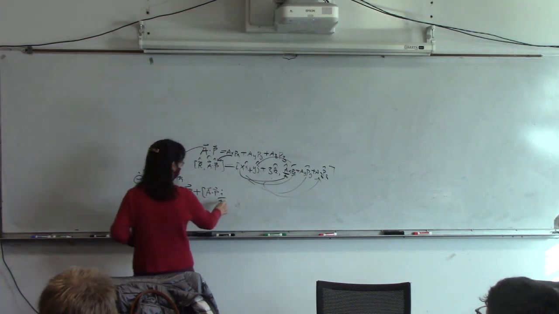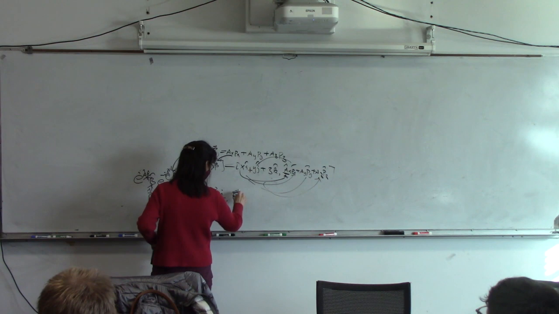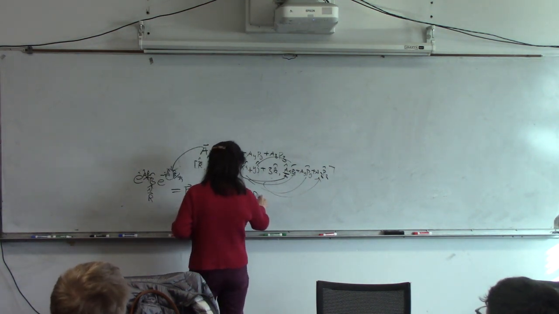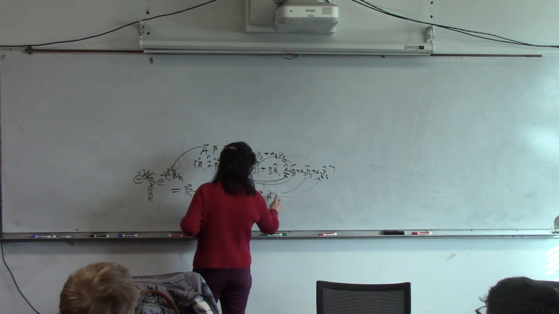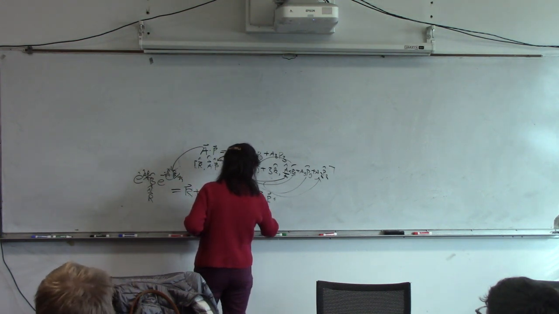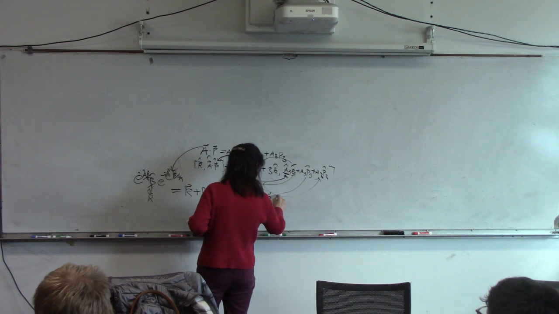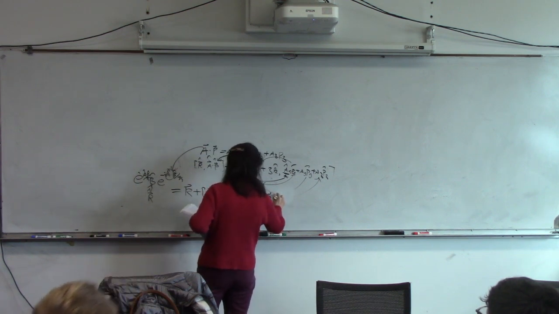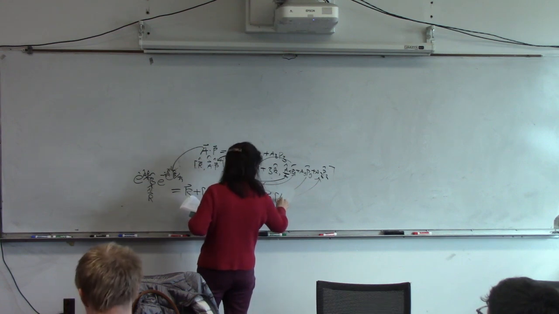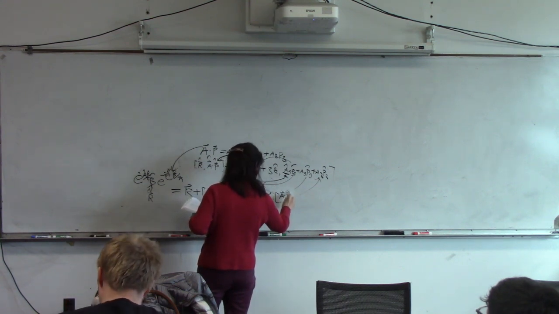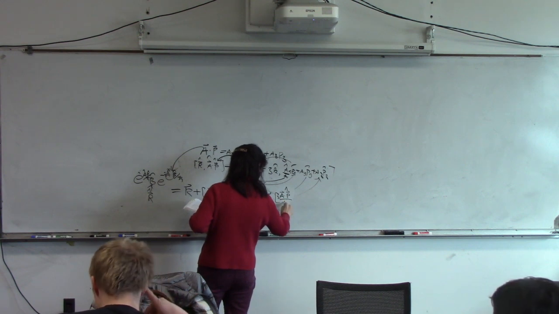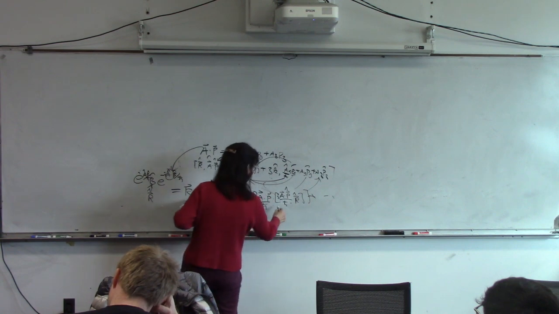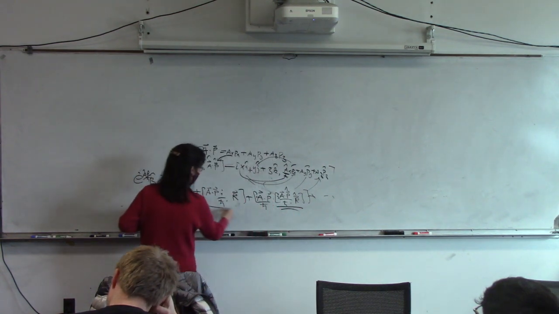So this is R, and the second one is A, B, I over H bar, which is R. So if you know this, let's do this one first.